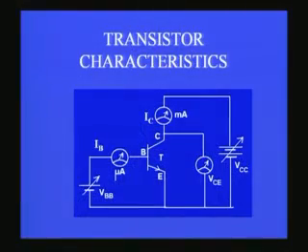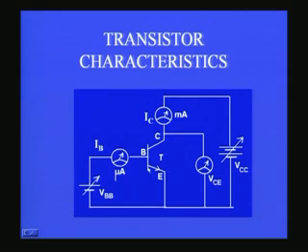Now, I have shown on the screen a circuit which is used for obtaining the output characteristics of a transistor, and this transistor is now used in what is known as common emitter configuration.